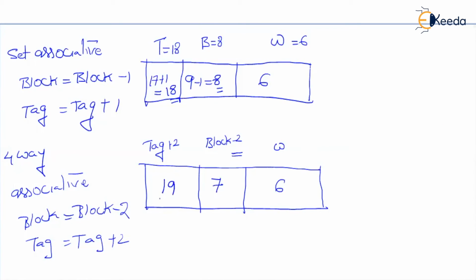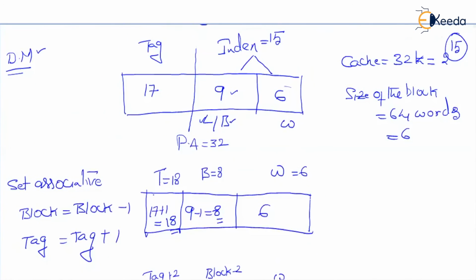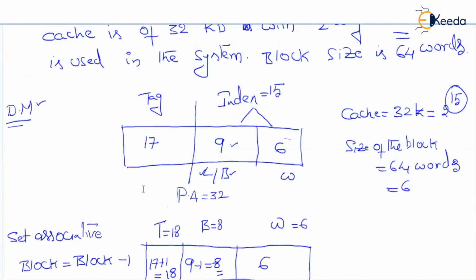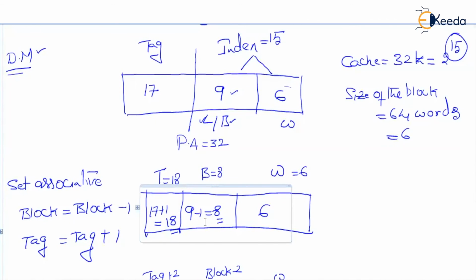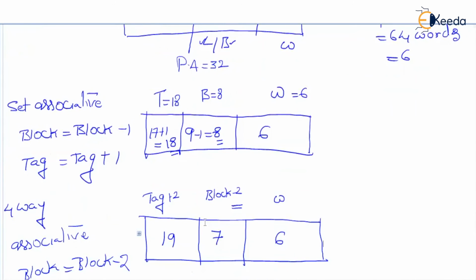This is how you are going to make a division. In direct mapping, initially you divide into index plus tag, and index must be subdivided into word field and block field. In two-way set associative mapping, block is reduced by 1 and tag is increased by 1. In four-way set associative mapping, block is reduced by 2 and tag is increased by 2.